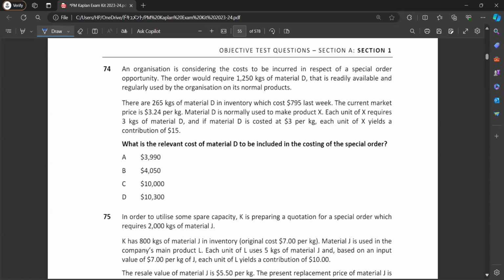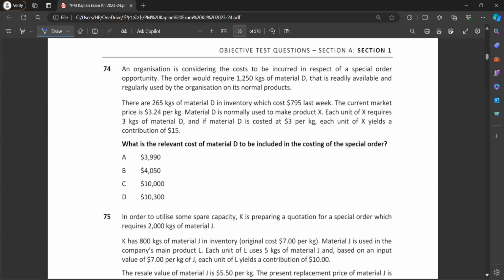The order would require 1,250 kgs of material D that is readily available and regularly used by the organization on its normal products. There are 265 kgs of material D in inventory, which cost $795 last week. The current market price is 3.24 per kg.